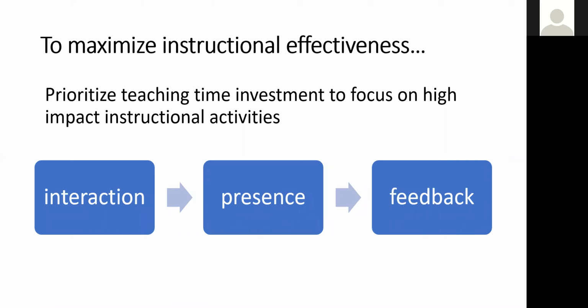We interact with them, we're there, we're present, we're responsive, and we give them feedback. So to start with your teaching ROI, you need to ask yourself, am I investing any time on things that don't link clearly to one of these areas? And if it doesn't link clearly to one of these areas, that might be a good place to start getting rid of tasks so that you have time available.